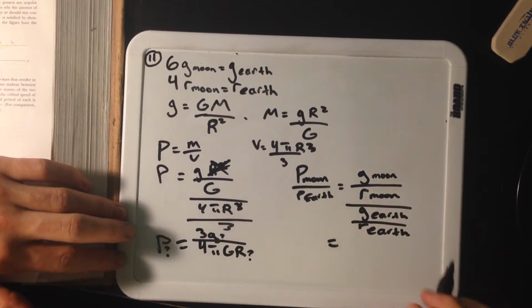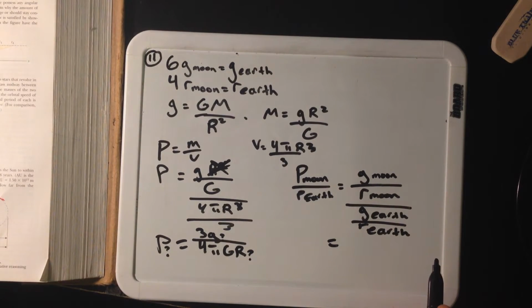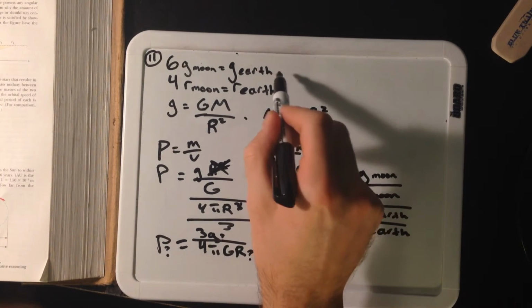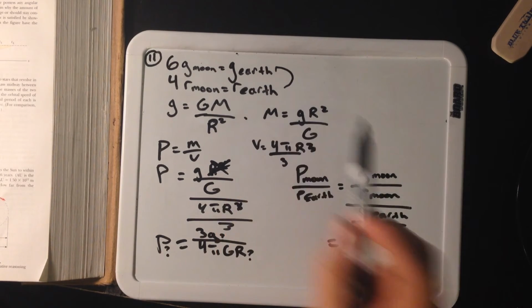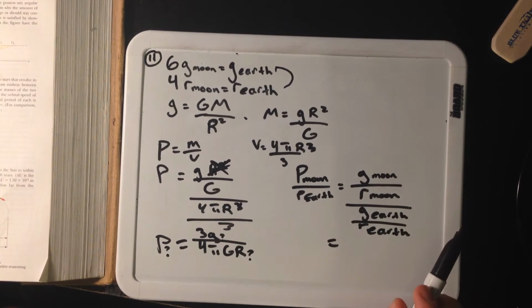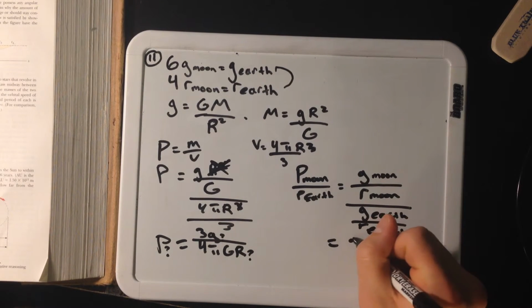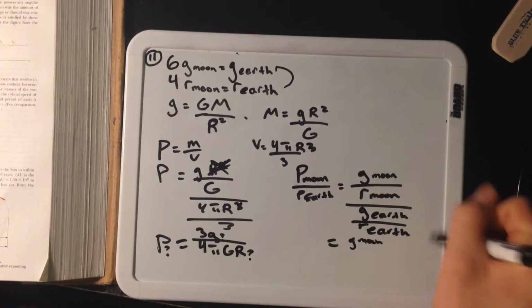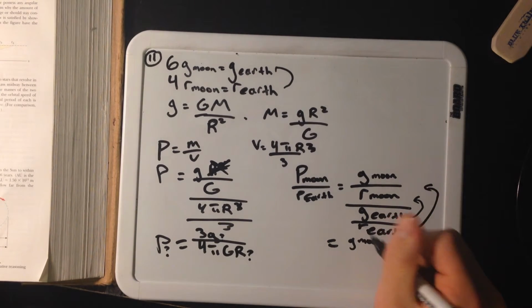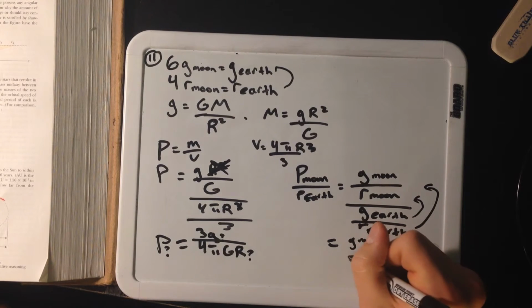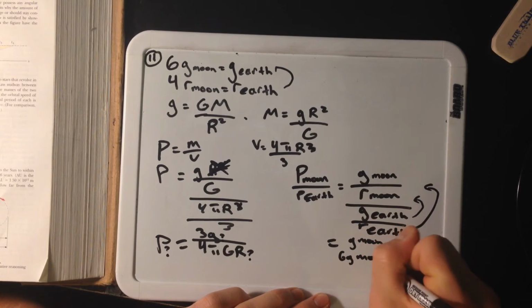Then we're going to sub in the givens into this formula, and we're going to sub out Earth because we don't want to use fractions. So we get g moon, and this would go over here, and this would go over here when you flip the fraction. Then g Earth is equal to 6 g moon.